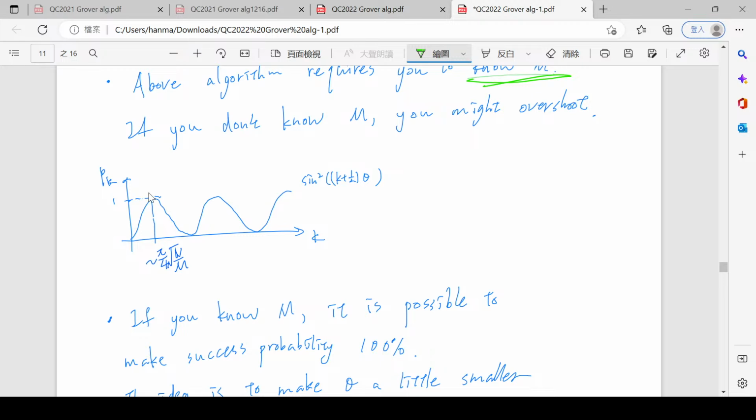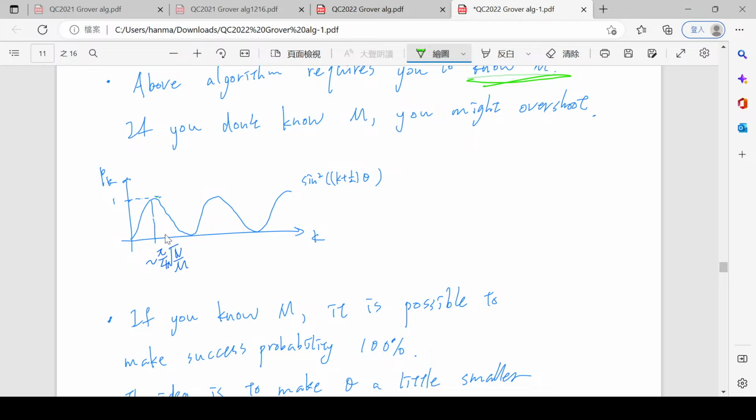And what we have said is that there is something that is very close to this first peak 1, and that requires a number of iterations equal to pi over 4 square root n over m. And so that's order square root n over m. Okay? So what if you don't know m, then what can you do here? So there are a bunch of stupid things.